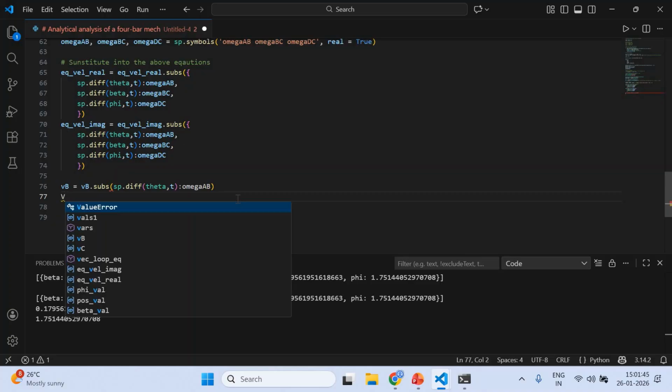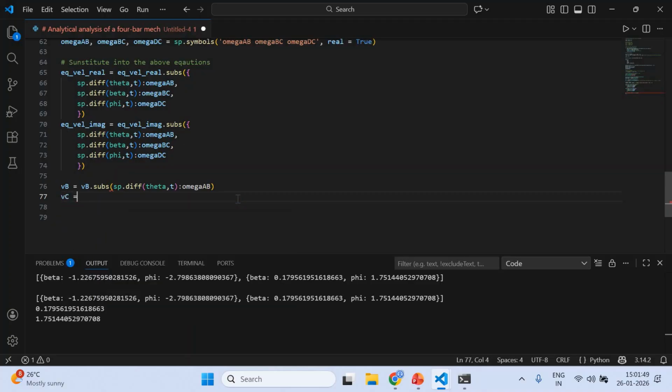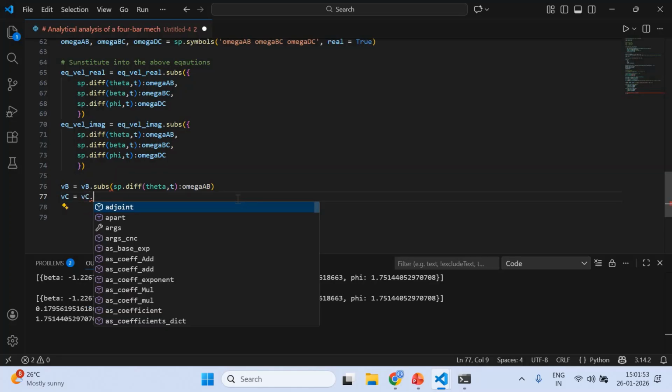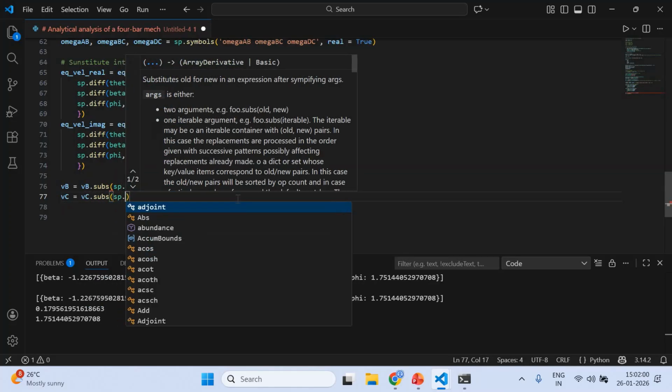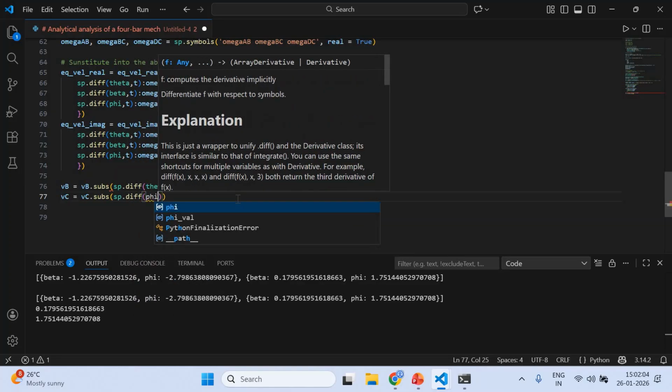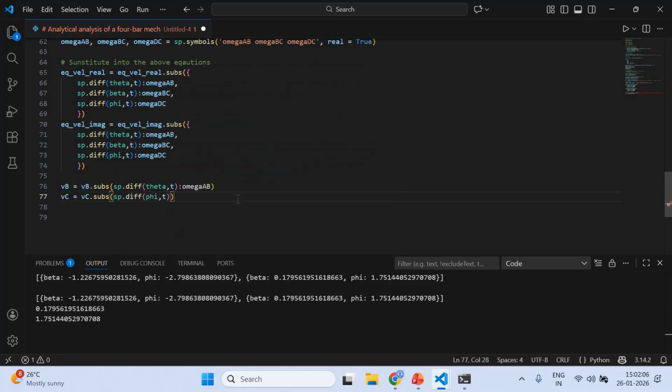So again vb is this, and vc will be equal to the equations we have already defined, dot subs sp dot diff, then we have phi comma t. The velocity of point C will be mostly dependent upon the variation in angle phi.